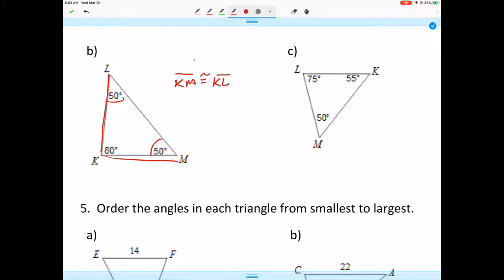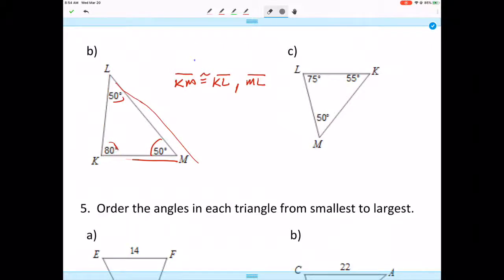Okay, and then the largest side after that would be the 80. That would give us the largest, which would be ML. Okay, so we have two sides that are going to be congruent just because they have the same angles. Okay, it's kind of like an isosceles triangle.